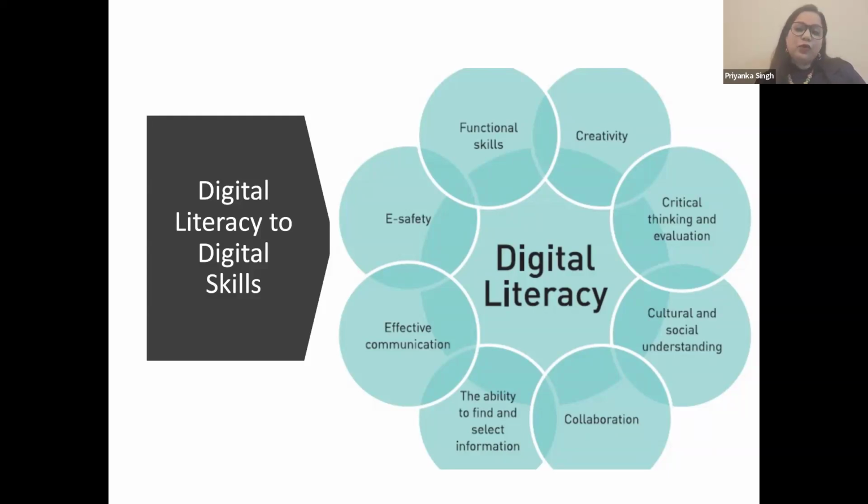When we follow all of these in total, then we have our digital skills in place. So please understand, just following the digital literacy path is not enough. You should know what skills you should have to find the correct content and to deliver it safe and sound to our students.